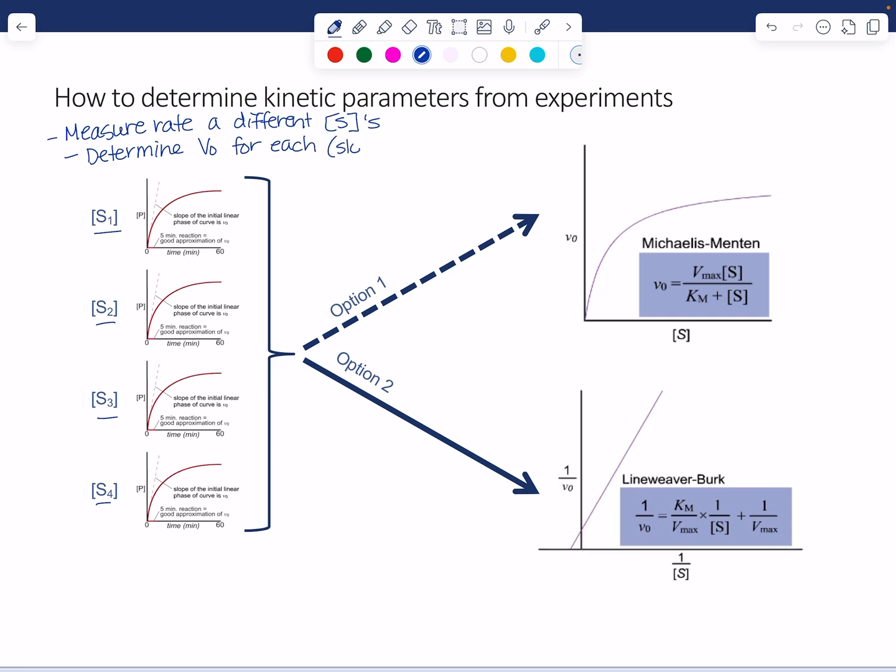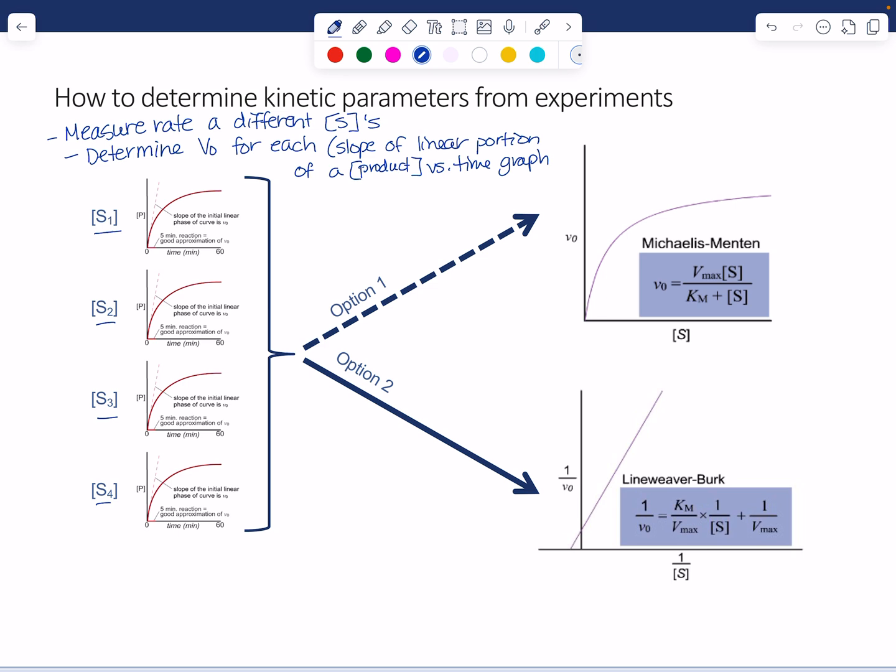Which is, again, the slope of the linear portion of a product concentration versus time graph. So in the case of what we're doing in lab, you know how quickly that yellow color appears.